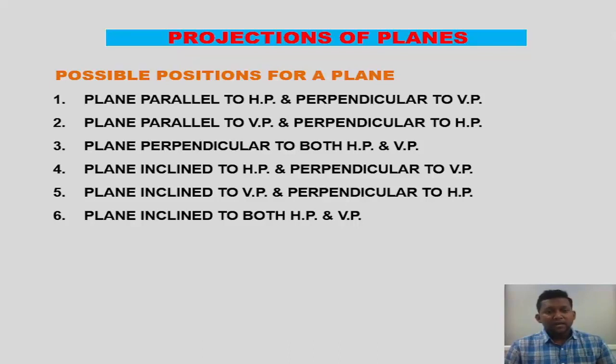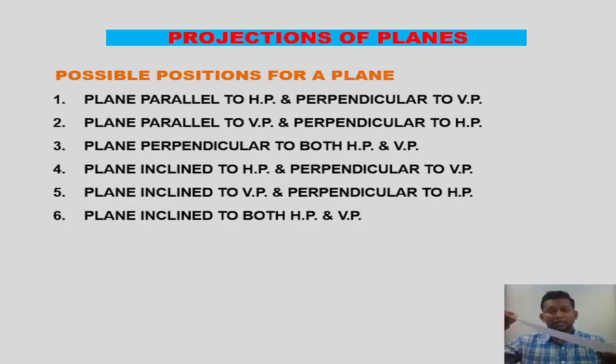Next, the fourth one is a plane inclined to HP and perpendicular to VP. This position I call a plane inclined to the horizontal plane and perpendicular to the vertical plane. When all 4 edges or all 4 corners have the same distance from HP, it is parallel to HP.